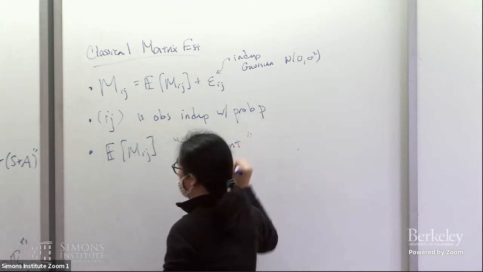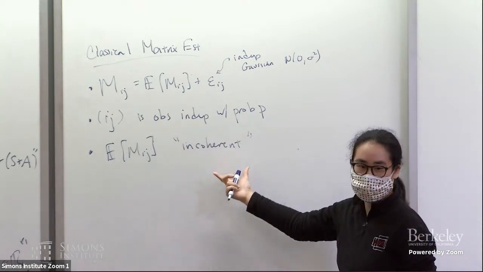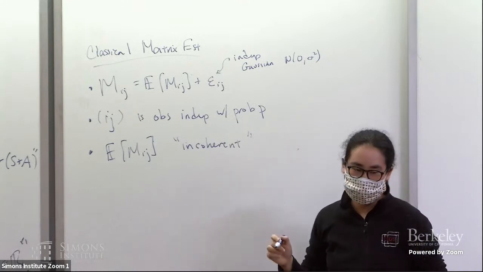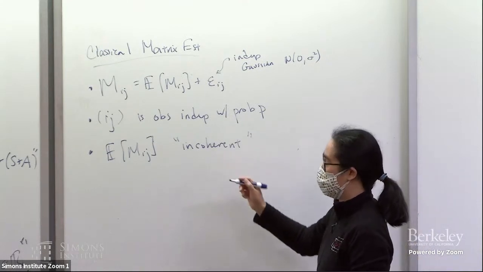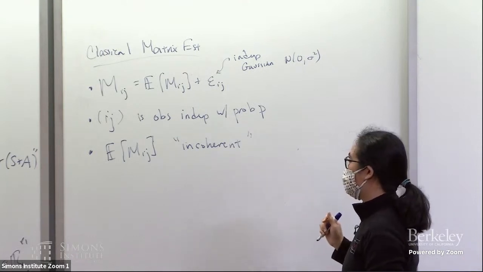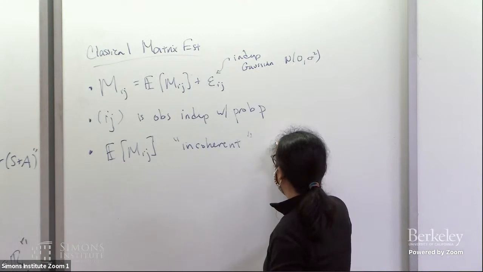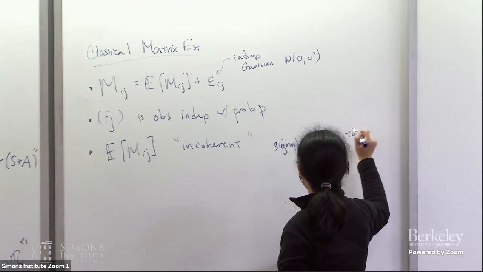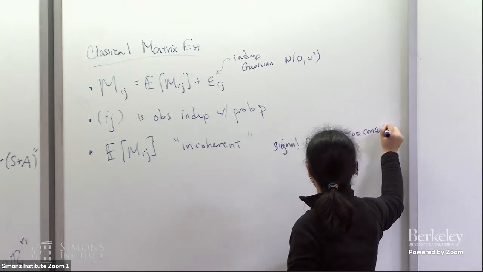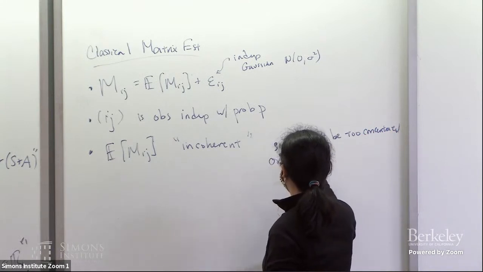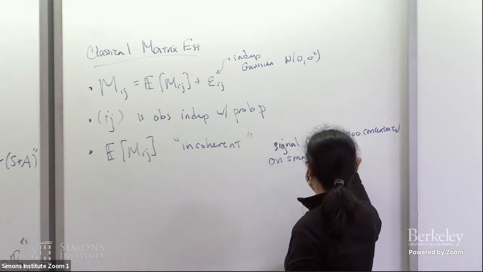Usually the conditions are like this. I'm not going to define it too rigorously, but there's an additional condition called incoherence. Informally speaking, it means that the signal can't be too concentrated on a small subset of entries.